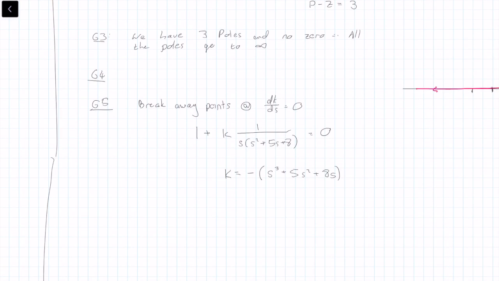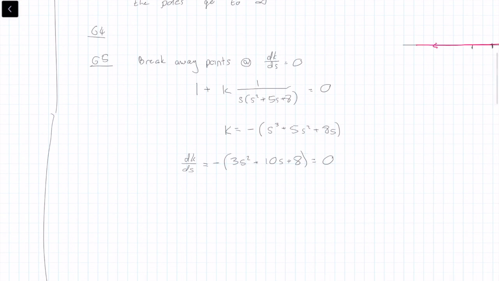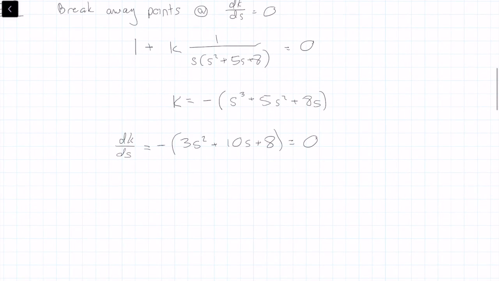Then we can take the derivative, dK/ds, keeping the minus, which is equal to 3s squared plus 10s plus 8, and I'm going to equate that to 0, so we can remove the minus sign, and we're left with 3s squared plus 10s plus 8 equal to 0. Now we can just plug this into our calculators to see what s is equal to.